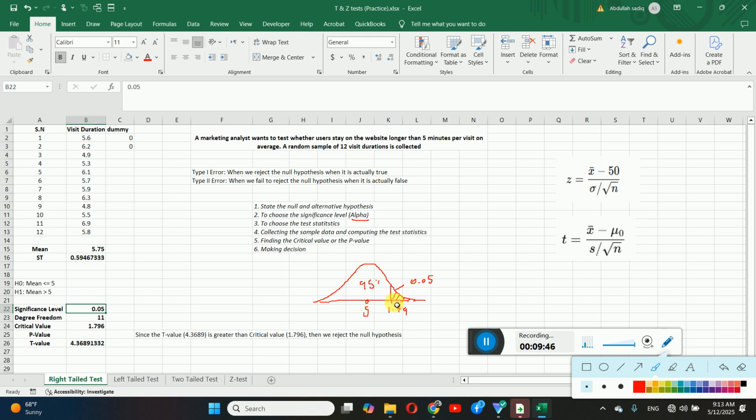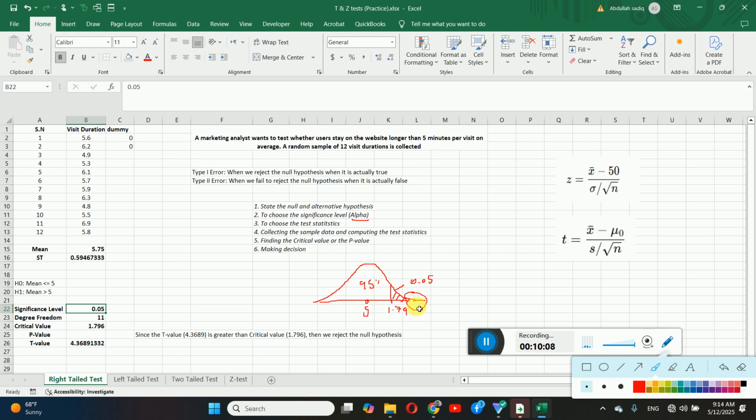When the significance level you choose is not 5% but 1%, it means you are only rejecting the null hypothesis in this small area. So the chance of rejection of the null hypothesis is too low here.